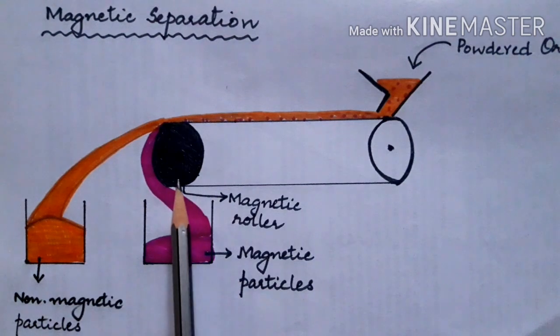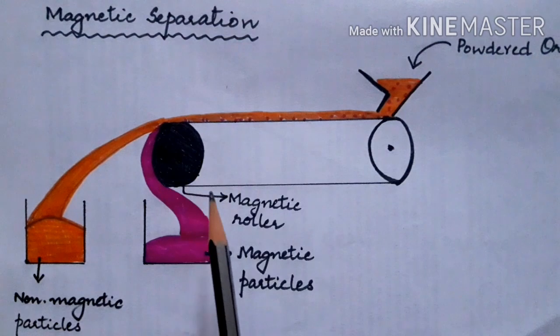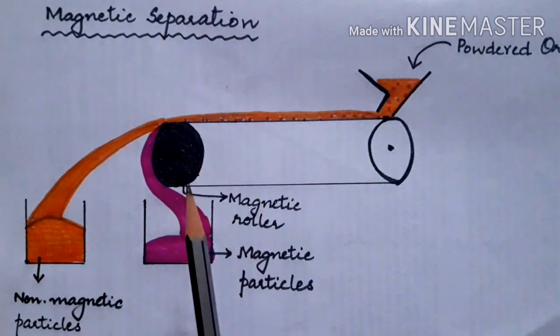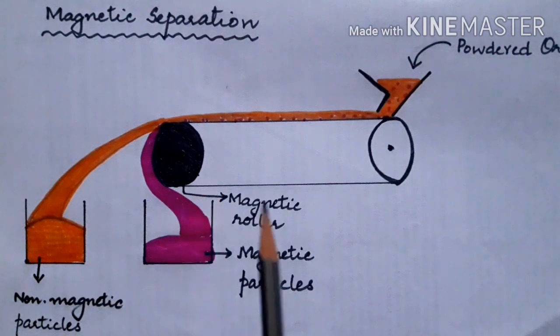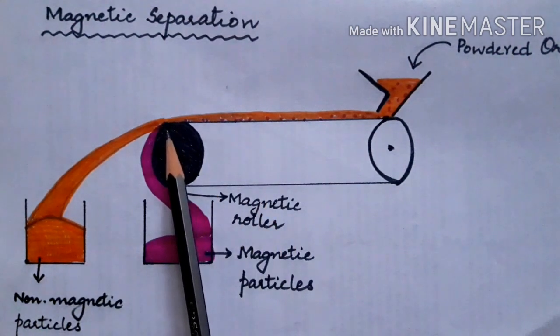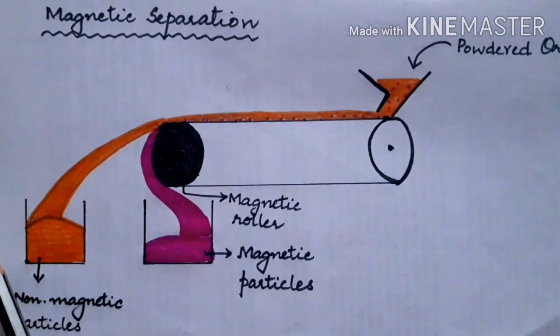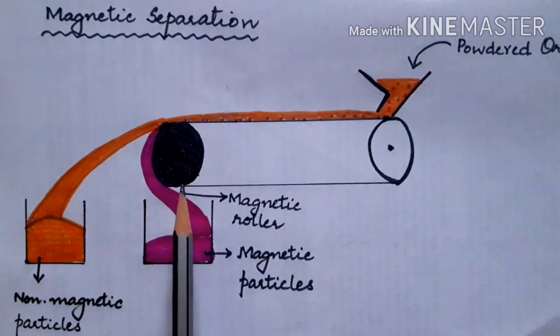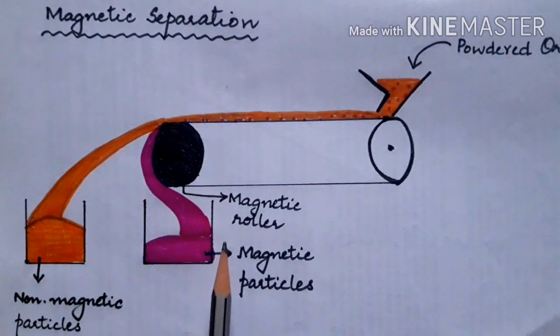One of the rollers is made into a magnet, and once it starts moving, the powdered ore is carried away along with the conveyor belt. As soon as it reaches the verge, the non-magnetic particles fly away tangentially, whereas the magnetic materials get attracted towards the magnet and get separated. Hope it is clear.